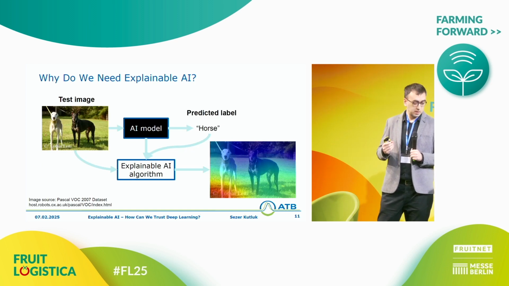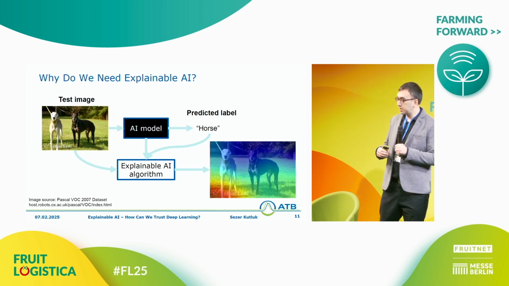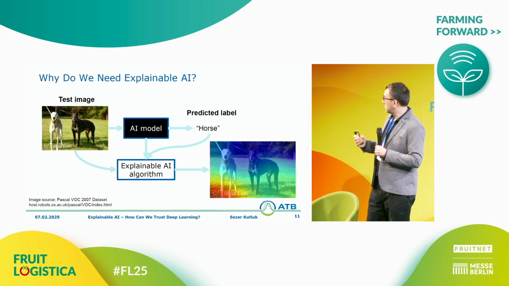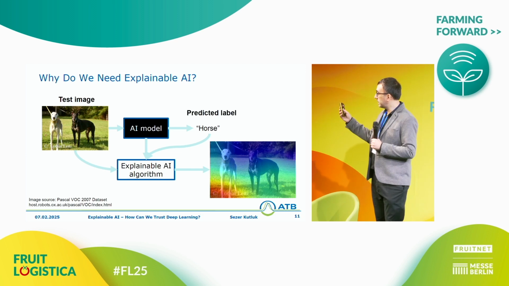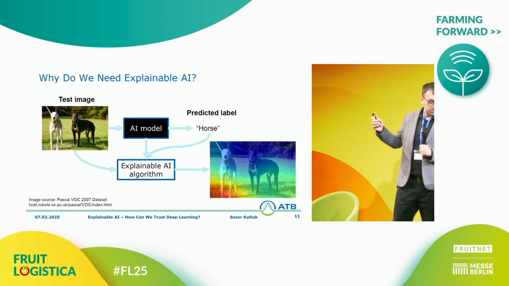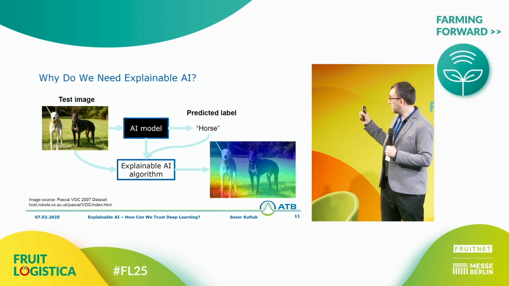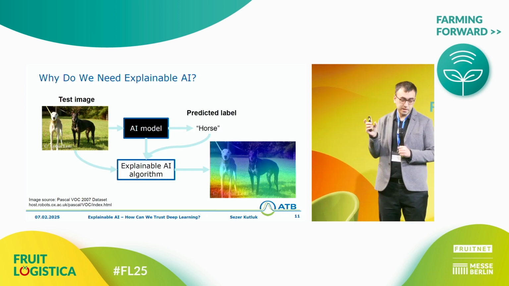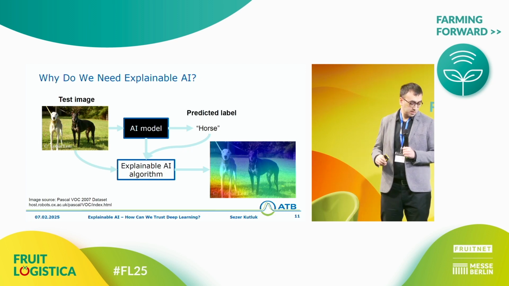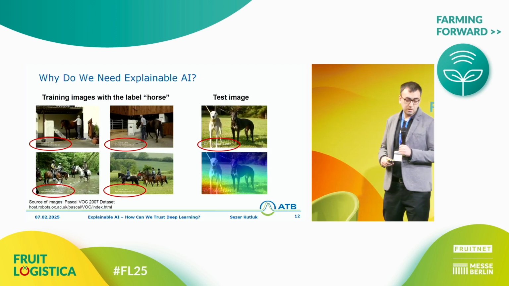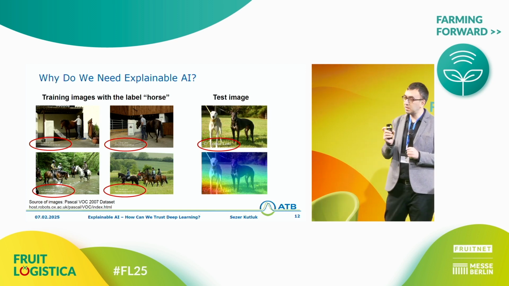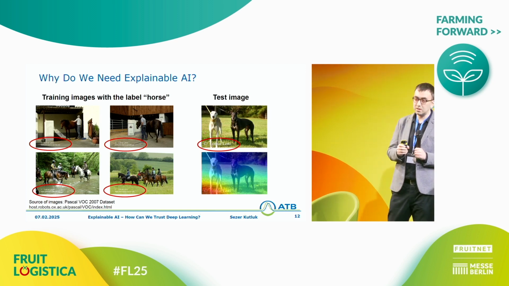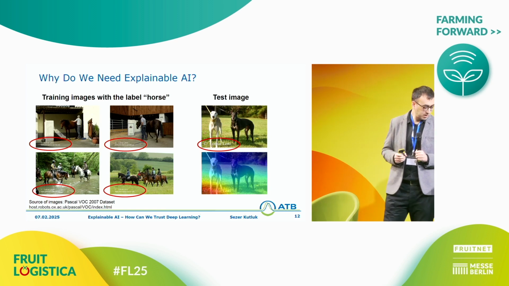So this is where explainable AI algorithms come into play. By using a local explanation algorithm, we can get this kind of visuals. In this example, we see that it focused on the bottom left corner, and there's a text. If you want to do further analysis, we can go to our training set, and in the Pascal VOC dataset, we see that a very similar text is located at the same location in the horse images, in the training set, I mean.